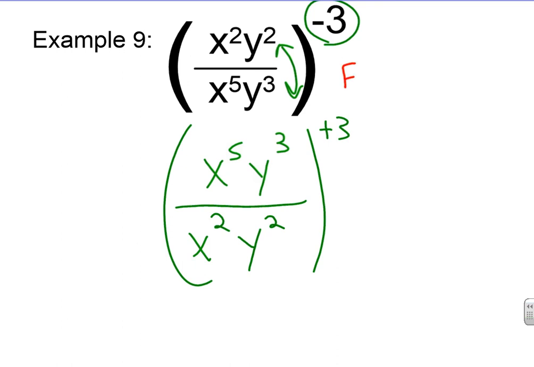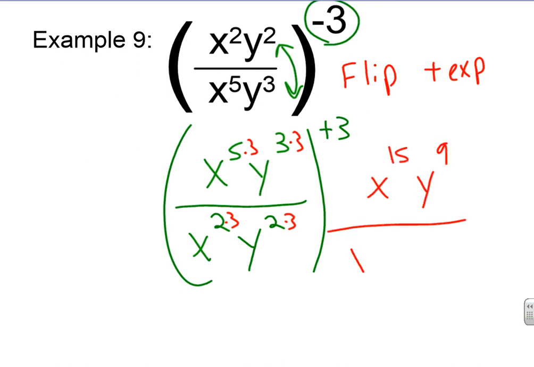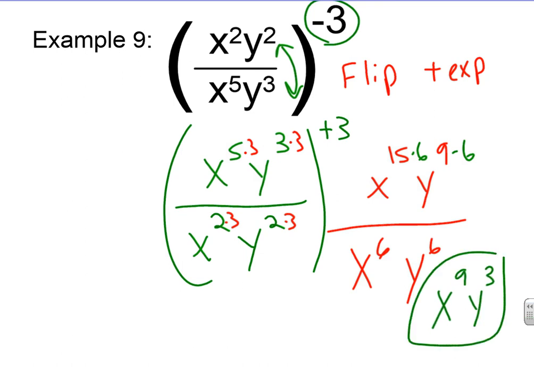So again, I flipped it in order to make it a positive exponent. Now I just multiply all of those by positive 3. I get x to the 15th, y to the 9th, over x to the 6th, y to the 6th. I subtract the bottom exponents on both of them, and my final answer is x to the 9th, y to the 3rd, both on top.